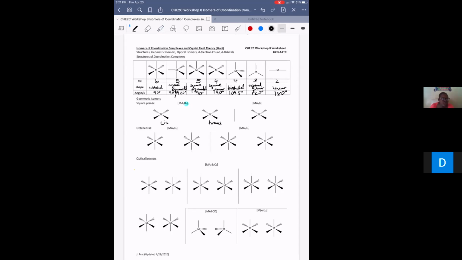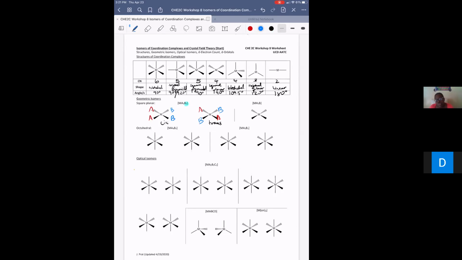For our cis ligand, if we have a square planar species with 2 identical ligands A and 2 identical ligands B, we can say that our ligands A are 90 degrees apart, and our ligands B are also 90 degrees apart. And for our trans species, our ligands A and B are 180 degrees apart, right? They're 180 degrees away from one another. So that would be our trans species.